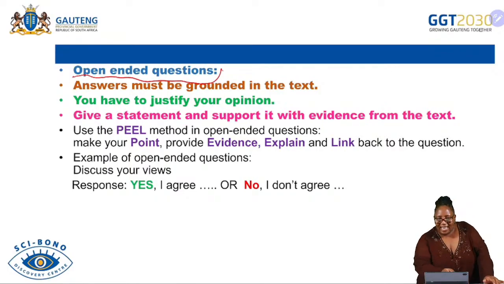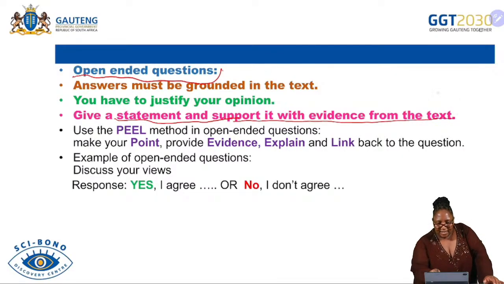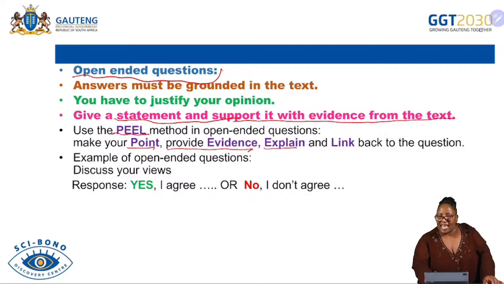You give a statement and you support it with evidence from the text. Again, learners, you use the PEEL method. You make a point, you provide evidence, you explain, and you link back to the question.